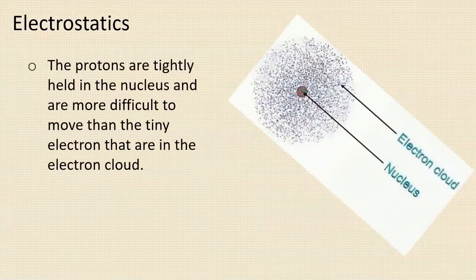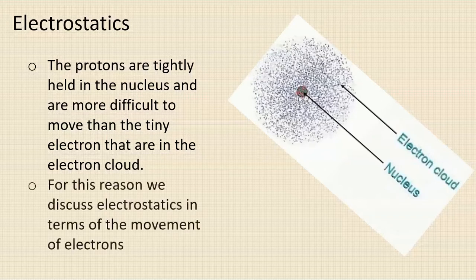So the protons are tightly held in the nucleus and are much more difficult to move. The electrons are very small, about 2,000 times less massive than the proton, and they're located out around the nucleus, so they're much easier to move around.